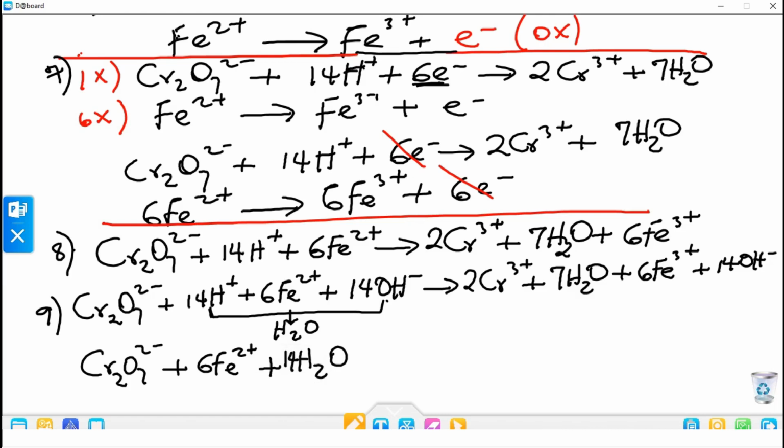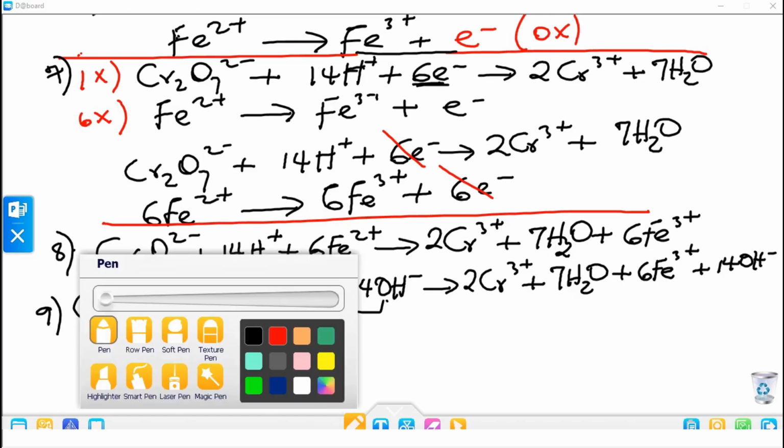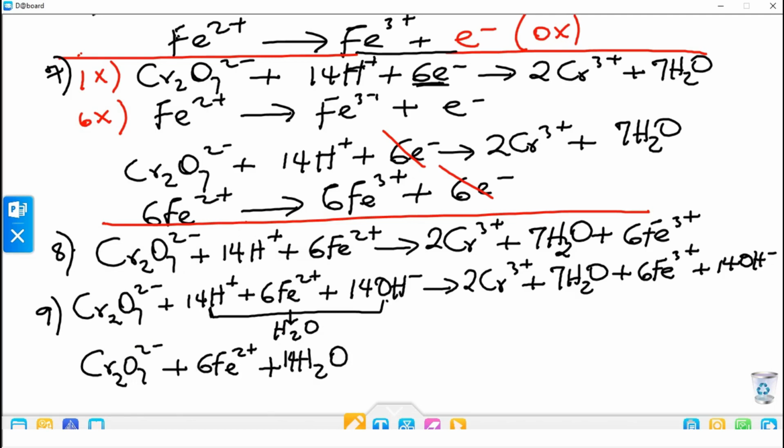It still gives us 28. But 14 times 1 oxygen gives us 14 oxygen, just as we have there. So it means we are going to simply have 14 moles of H2O, so that the equation will be balanced.